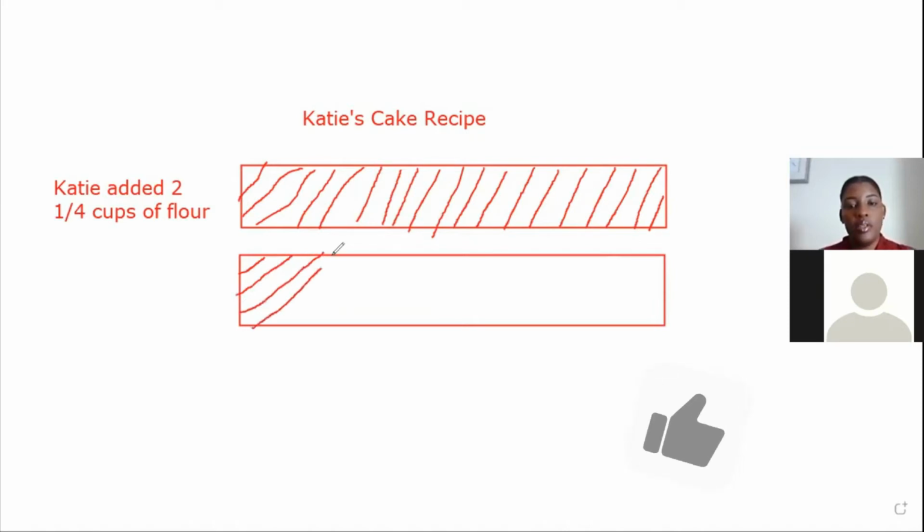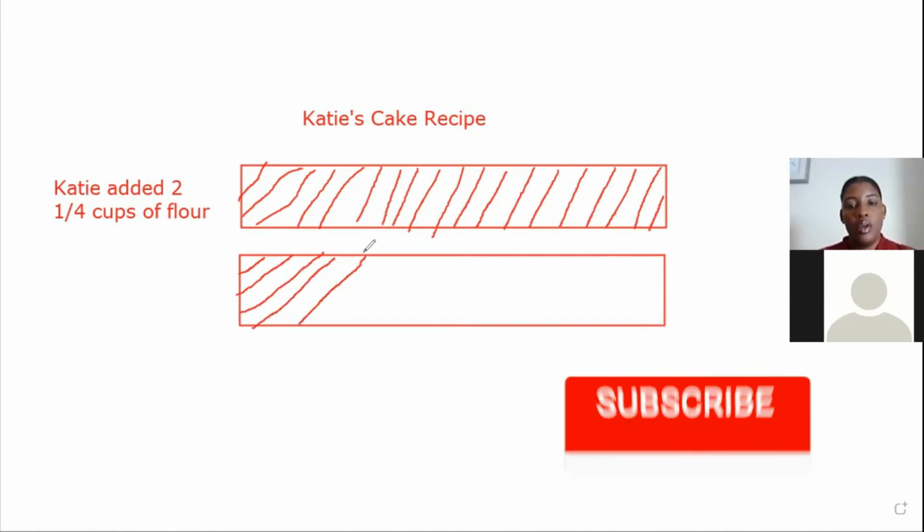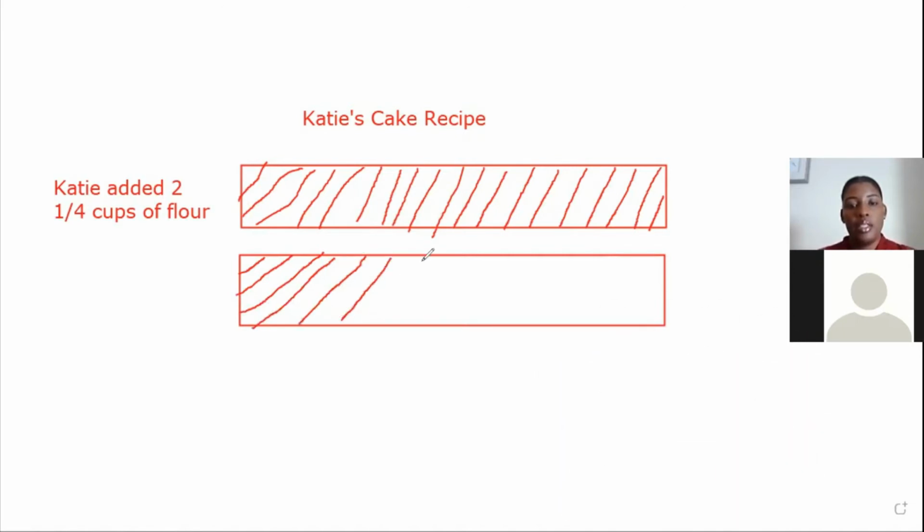To find 1/4 of the fraction bar is going to be a tad bit tricky, seeing as though we don't know what a 1/4 of the whole is. So we don't know currently how many parts the whole is cut into. So that's the 2 whole.